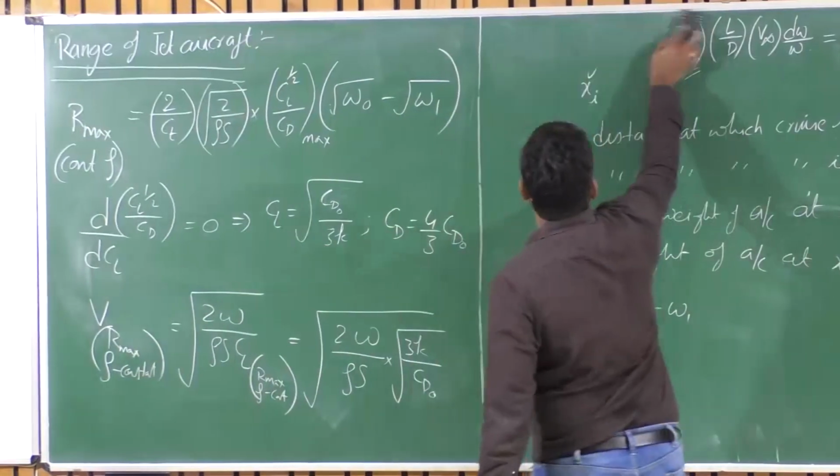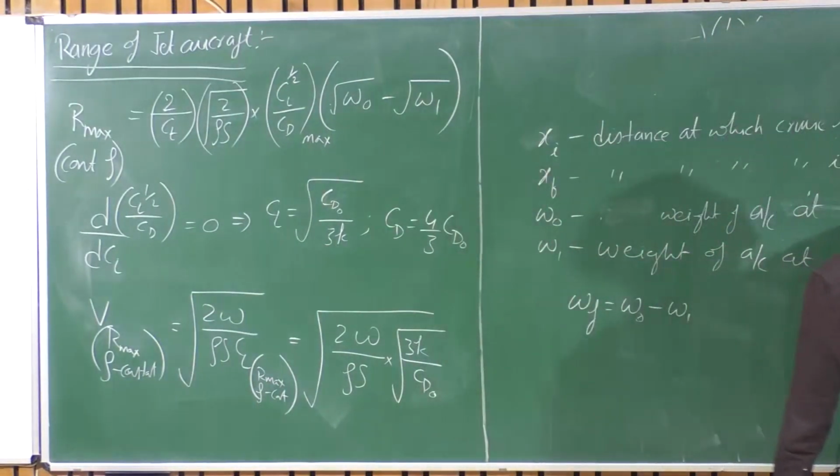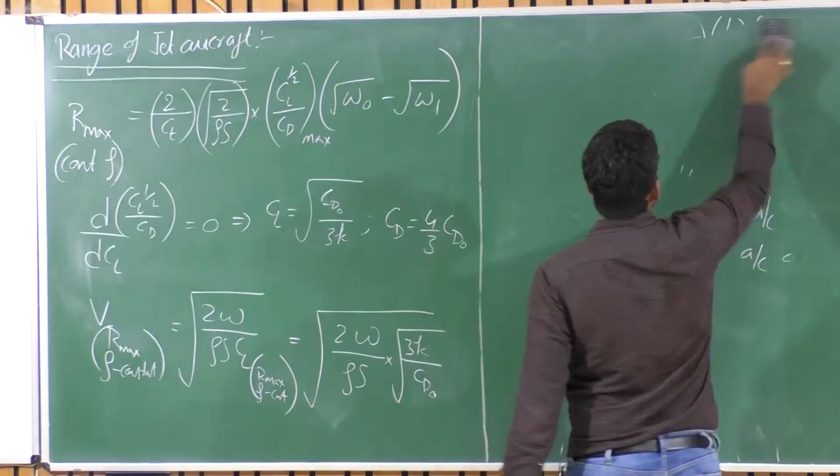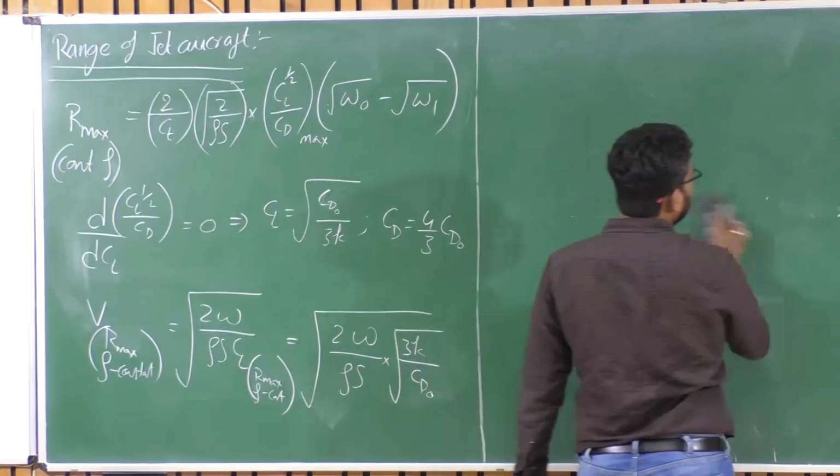We force the jet aircraft to remain at the constant height. Let us say if we don't force that, if we allow it to change its altitude, but we force the velocity to be constant.